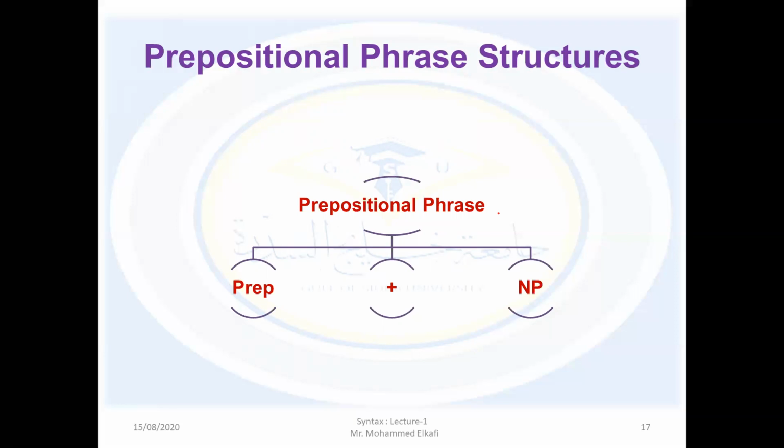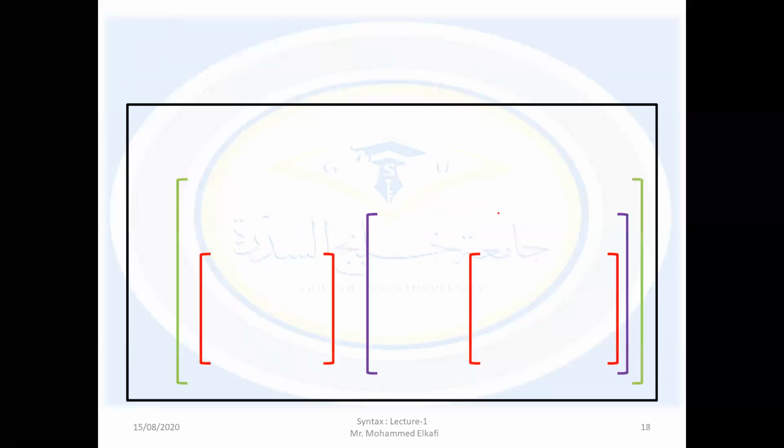When you say on the table, on is a preposition, the table is a noun phrase. The is determiner and table is noun. So here we have also a prepositional phrase.